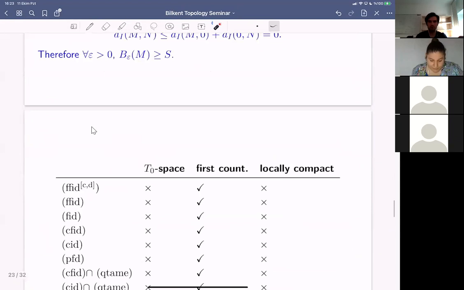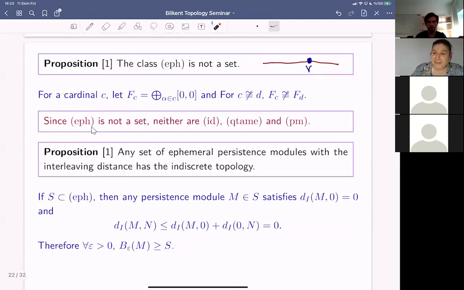Okay, so at this point, maybe we can say something about ephemeral persistence modules, because this is a nice class. This is not a set, but if we consider a proper set inside the class of ephemeral persistence modules, and if we impose the interleaving distance on that set, then its topology will be the indiscrete topology. This is because if you consider any ephemeral persistence module M, the distance between the ephemeral persistence module and the zero module is going to be 0.